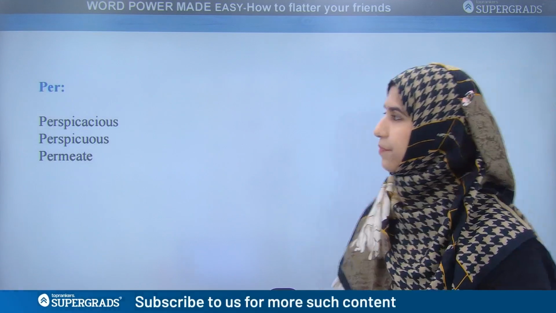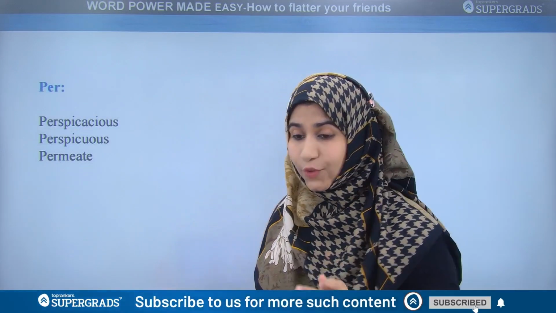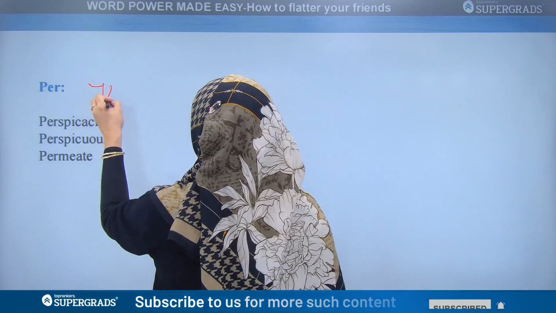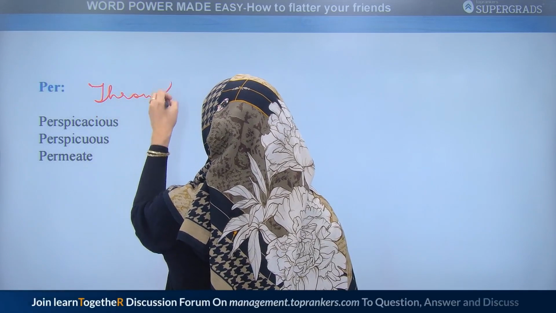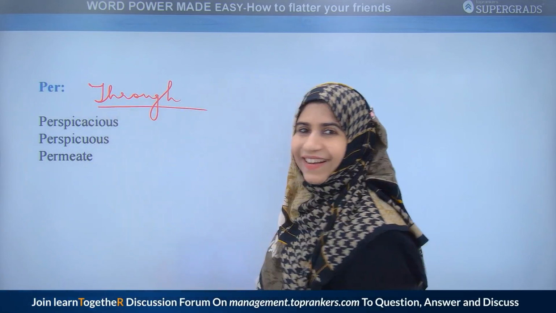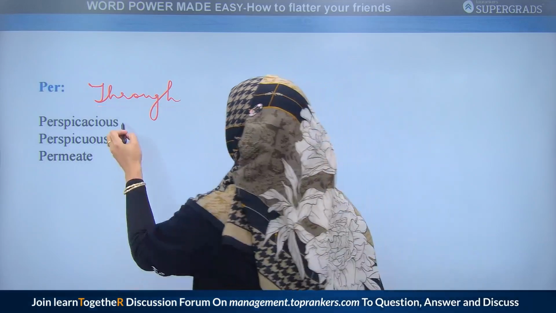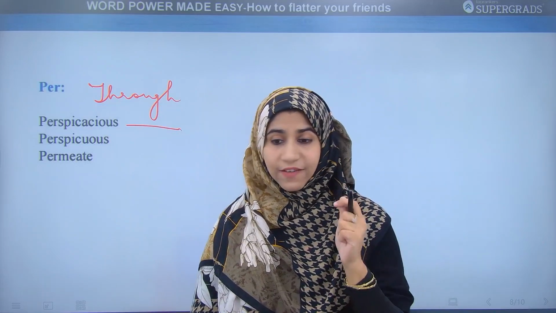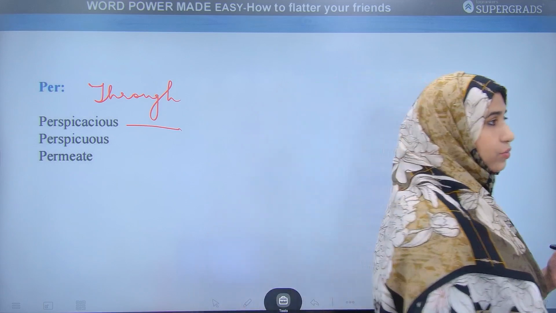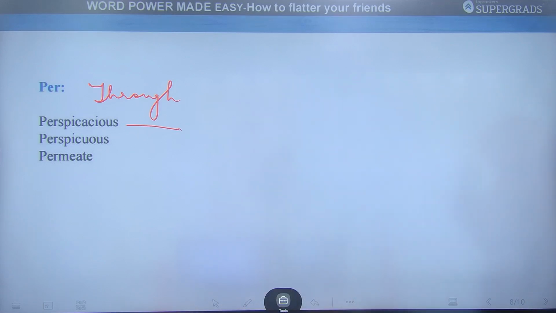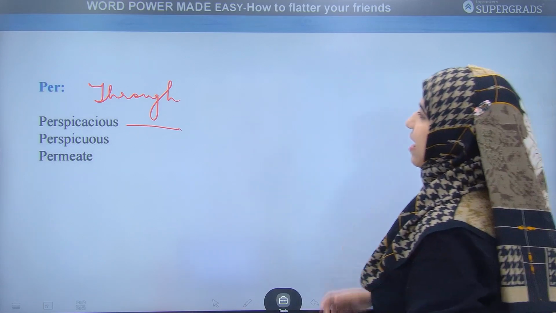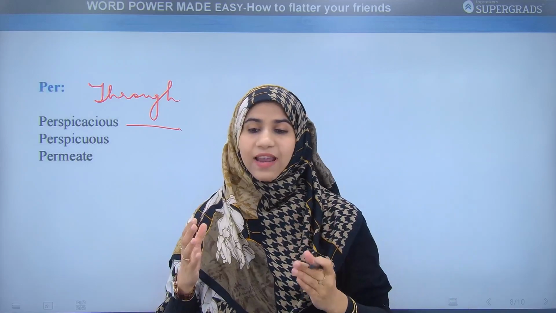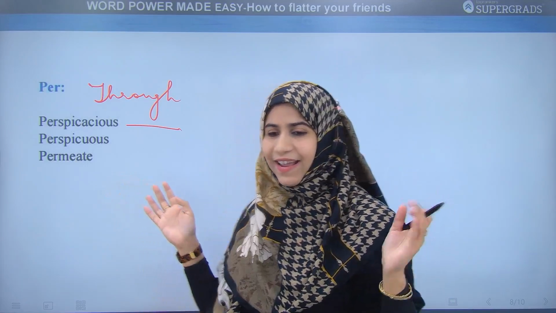Per. प का मतलब होता है थ्रू. ठीक है बच्चों? So perspicacious was the word that we had discussed, and it meant somebody who is very very sharp minded, who is astute, who has all the acuity. जिसमें acuity है, जो बहुत ही समझदार है, लेजर शार्प माइंड वाला है ना?